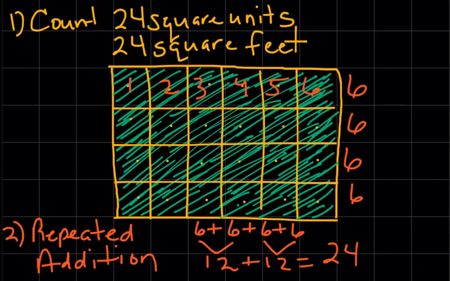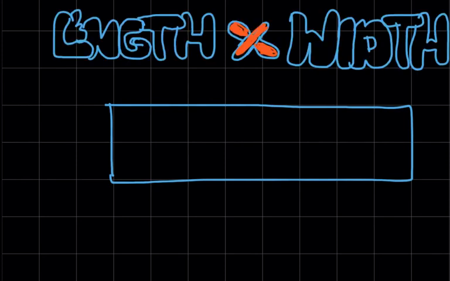While these are great strategies, guys, let's move on to the one that is the most important, the easiest, and the way in which I and Miss Dimroth both want you to know. Length times width. This is the golden ticket. All you have to do is count the squares going across the top row, which is 1, 2, 3, 4, 5, 6, 7, 8.